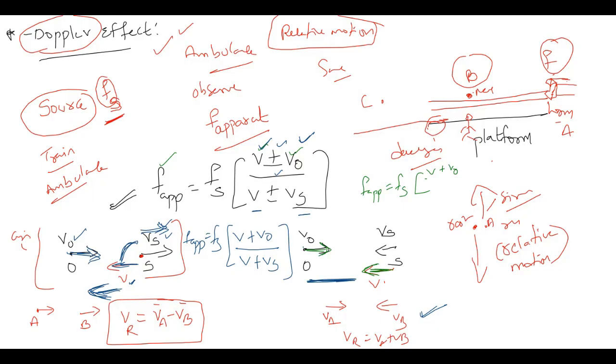By. Now see, these both are in the same direction, V and Vs, so we will take V minus Vs in this case. Understood how to take the formula? In some textbooks, instead of Fs, it will be F naught. F naught is nothing but the frequency of the sound produced by the source.